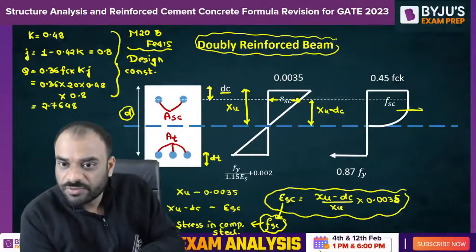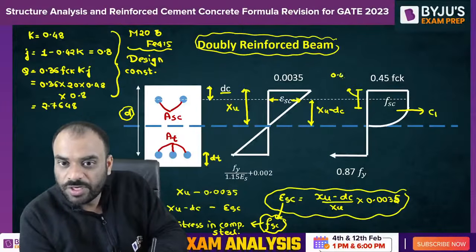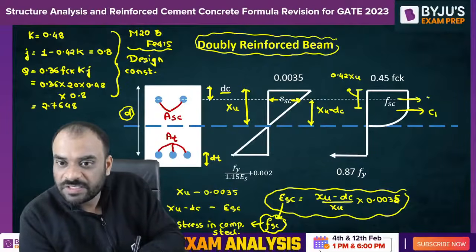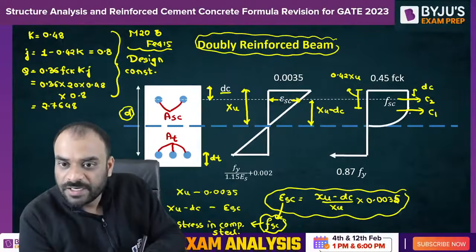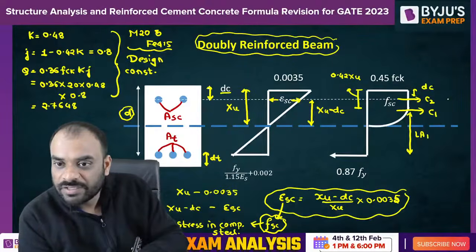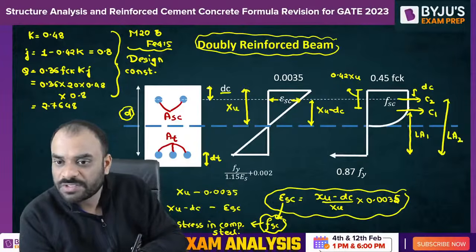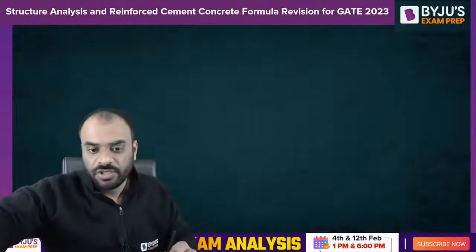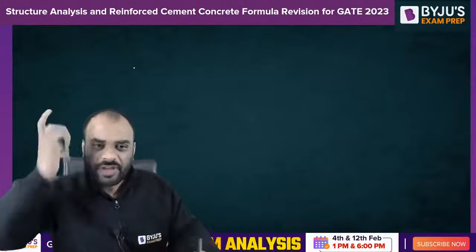One is the C1 force, whose depth from the top is 0.42 xu, and a second force, C2, whose depth is dc, right? Let us consider this is our lever arm 1 and this one is our lever arm 2. Just remember this formula: what is lever arm 1, lever arm 2, C1 and C2. You are able to get the value of MR easily.